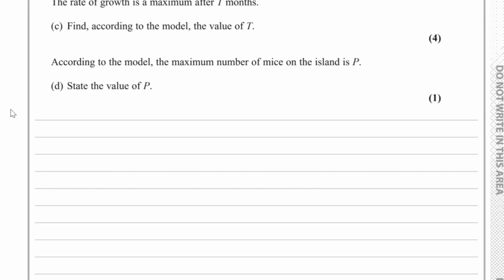Well, for part A, so far we know that n equals 900/(3 plus 7e to the minus 0.25t).